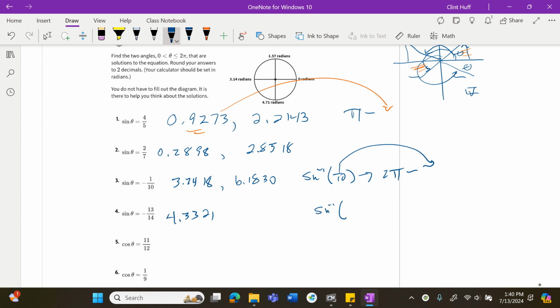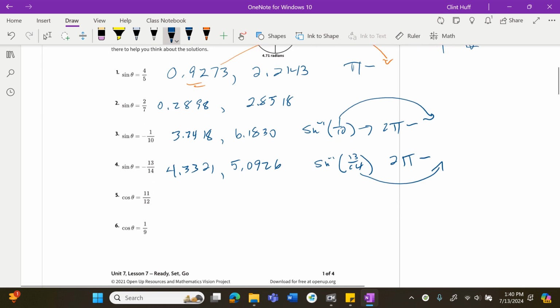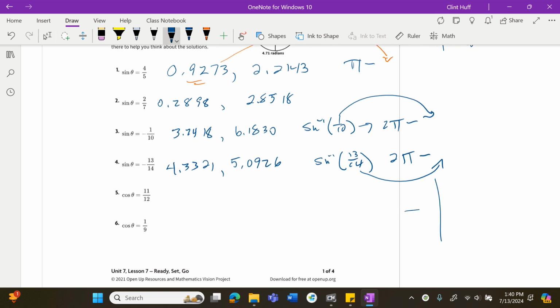Do the inverse sine of 13/14, which will give you the reference angle, and then do 2 pi minus that value, and you will get the quadrant 4 value, which is 5.0926.